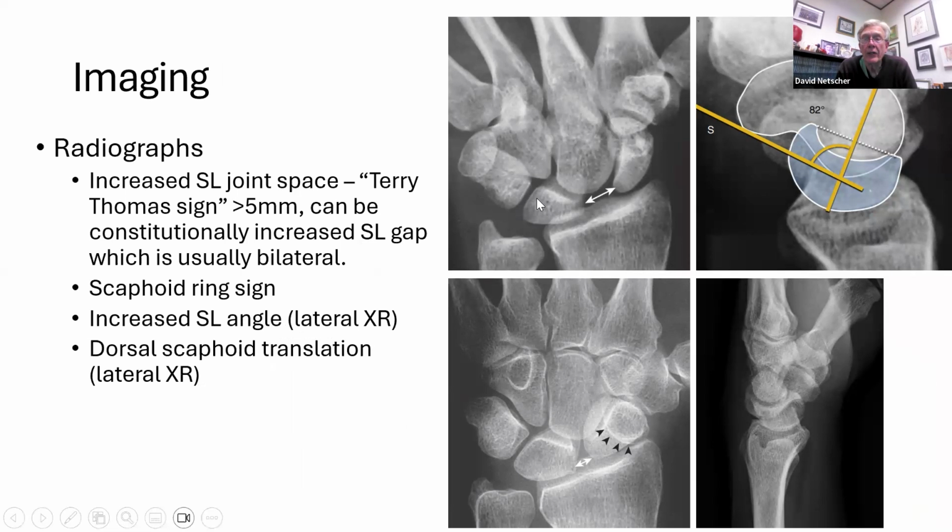So on X-ray, you may see a wide gap between the scaphoid and the lunate. You may have to induce that gap by that pencil gripping radiograph that I talked about, because it may be a dynamic change that you see only when you stress the wrist, or it may be static, as you see in this particular patient, where there's a wide gap between the scaphoid and the lunate.